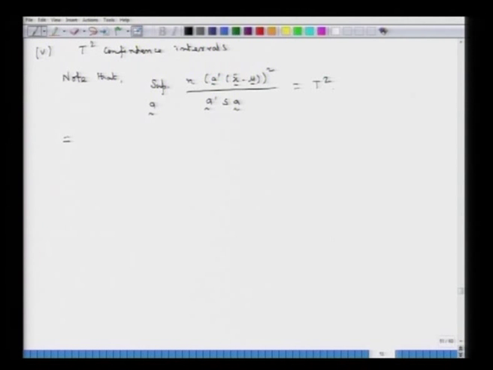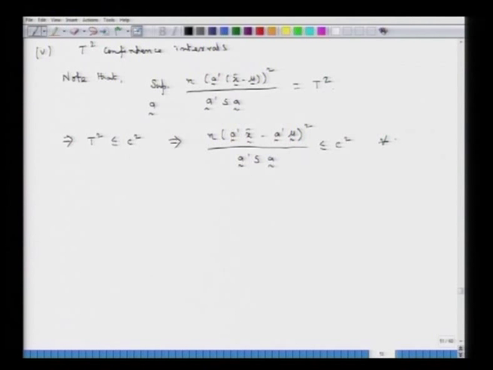So this would imply that T square less than or equal to some c square. If we have T square less than or equal to c square, this would imply that n times a prime x bar minus a prime mu, whole square, divided by a prime S a, is also going to be less than or equal to c square.